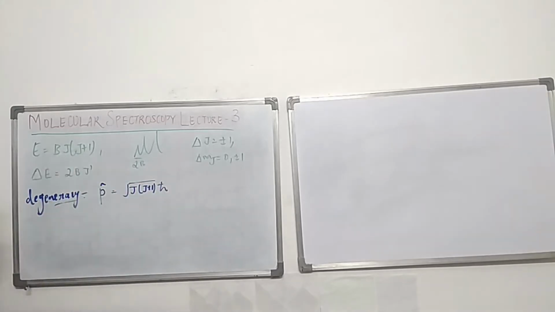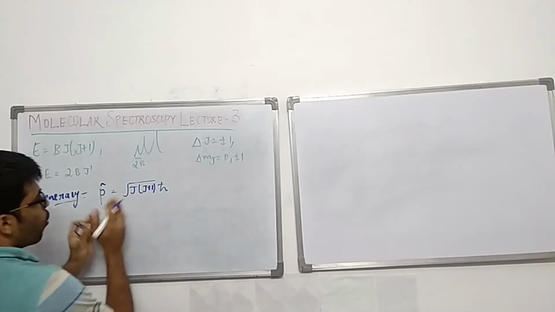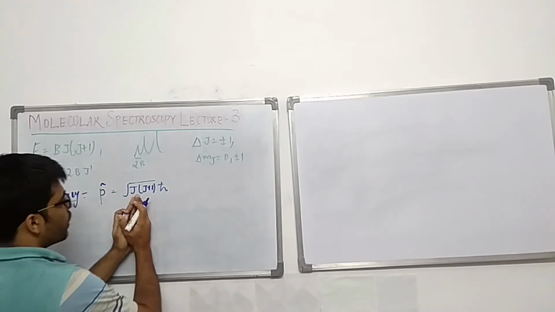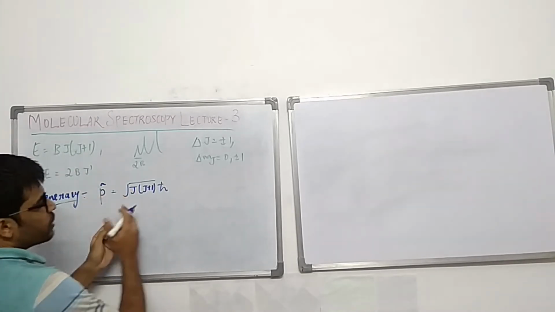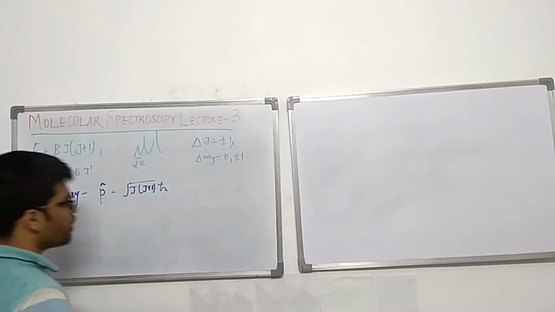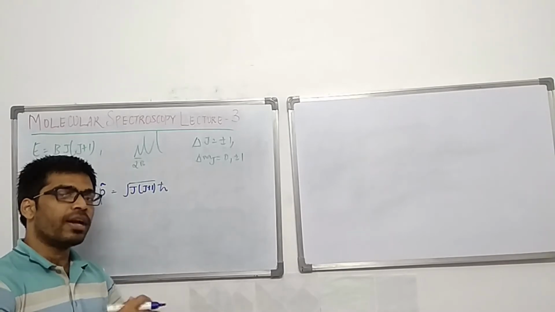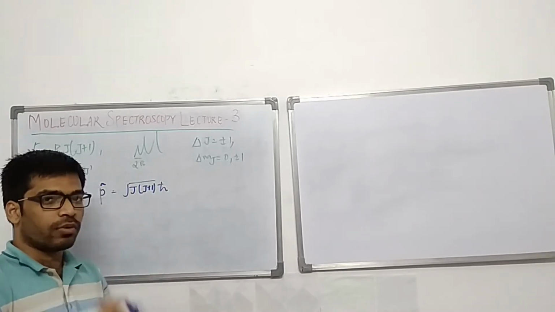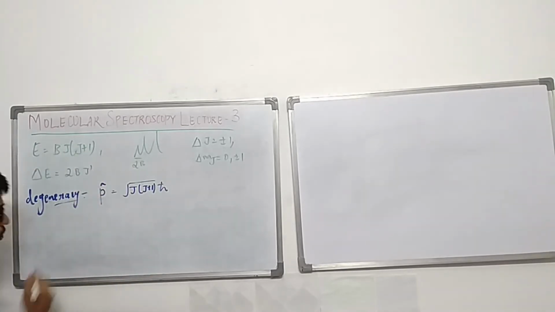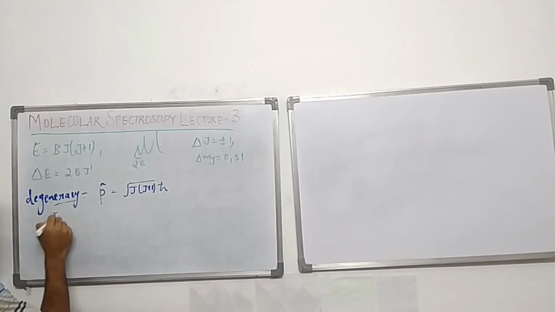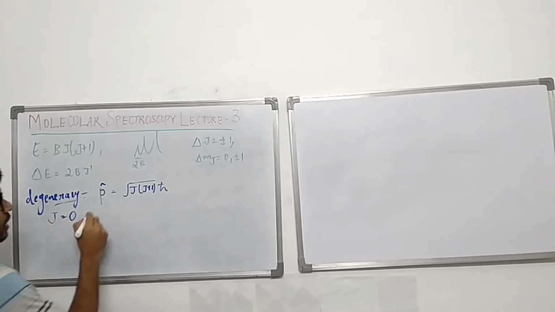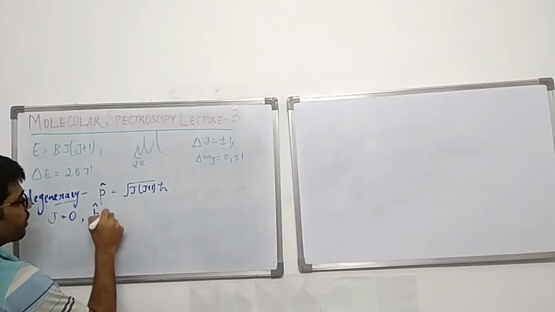this. Now let's try to visualize for some values of J how many different projections we can have for the rotation. That means for the same value of the rotational energy level, how many different types of rotations can be possible for a diatomic molecule. Let's say I am taking the case of J equals 0. In that case, my P cap equals 0.